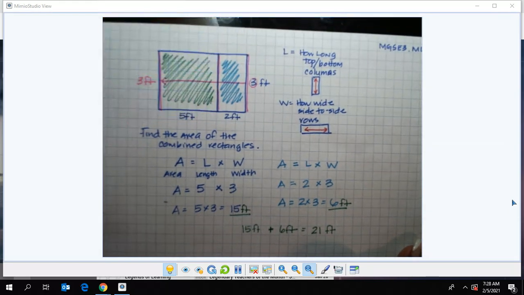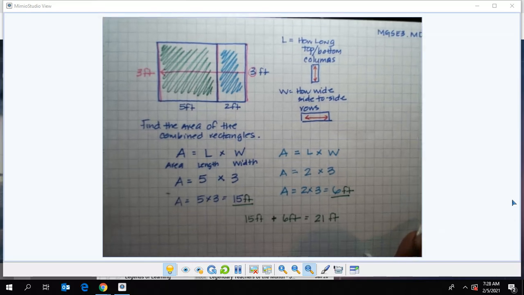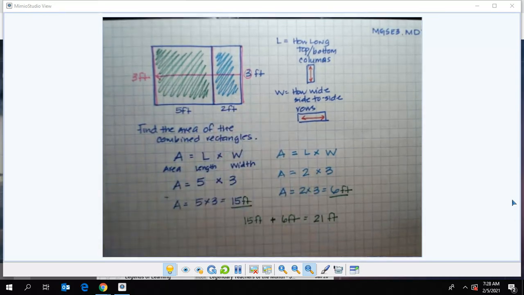That's it. Okay? That is it. That is one way to find the area of combined rectangles. Good job.